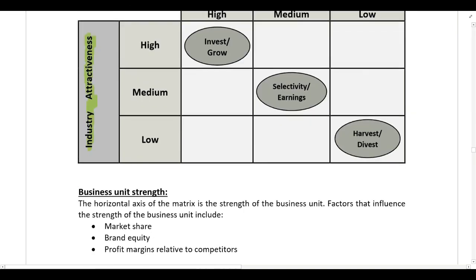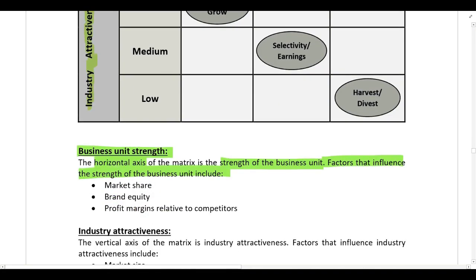When we talk about business unit strength, so above, this was on my horizontal axis, we are talking about the strength of the specific business unit. And factors that influence the strength of a specific business unit include their market share, their brand equity, and their profit margins relative to competitors.